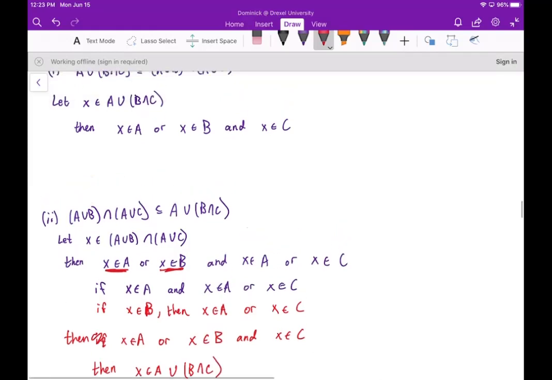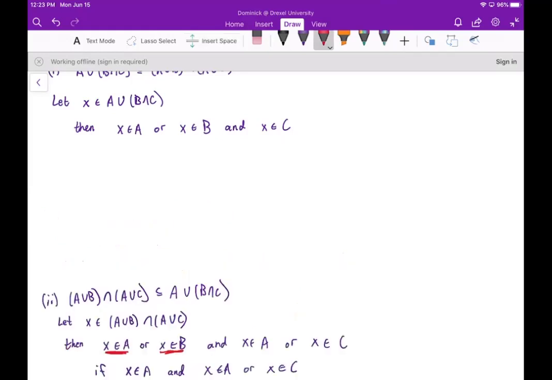Right, so now we can use this part of the proof to give us a little bit of insight on the previous part that we wanted to show. Okay, so now if X is in A, then X is in A, right? Right, if X is not in A, then X is in B and X is in C. Right?